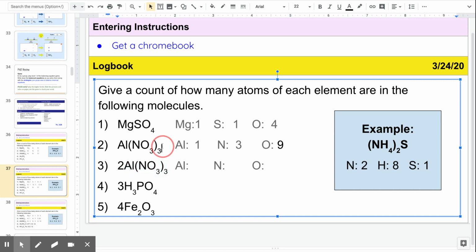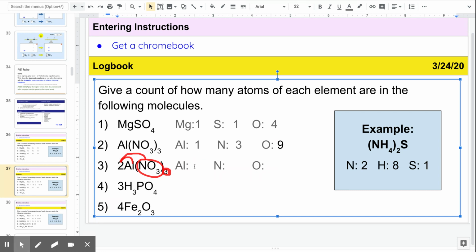So since we already did the count for just 1 aluminum nitrate, you can just take all your numbers from number 2 and multiply them by 2, since now we have 2 of those full molecules, right? So essentially, this 2 gets multiplied by 1 Al, and then the 2 gets multiplied by the 3 NO3s. So you would need to take into consideration this 3 on the outside as well.